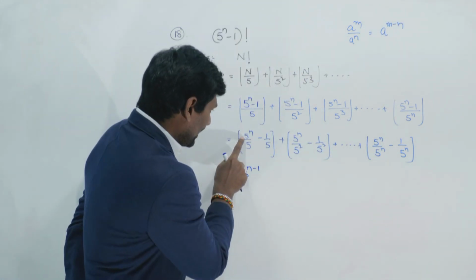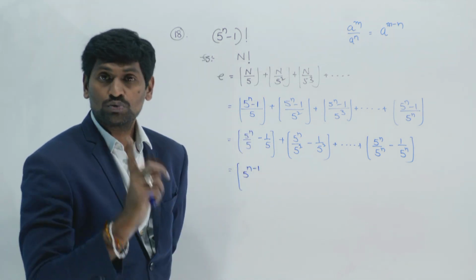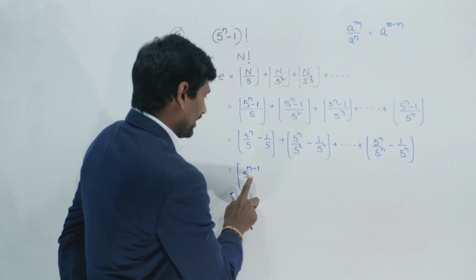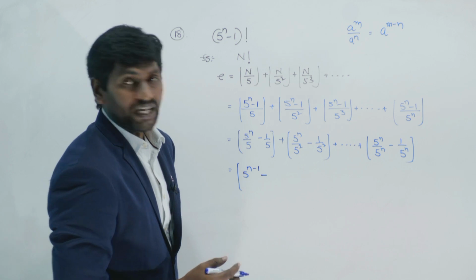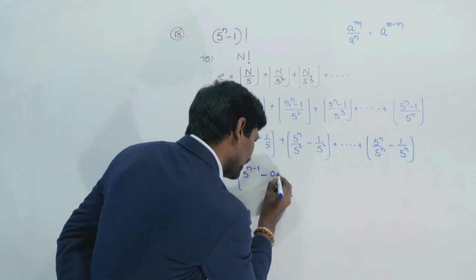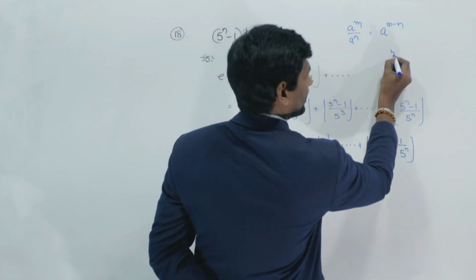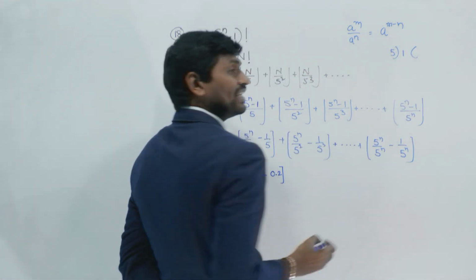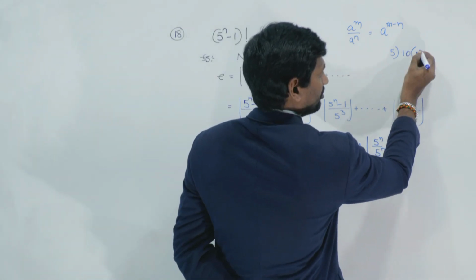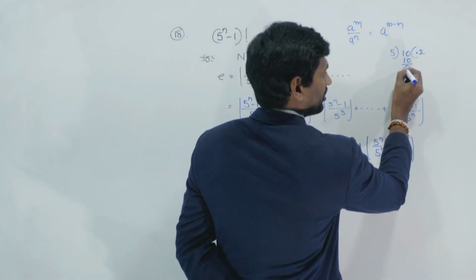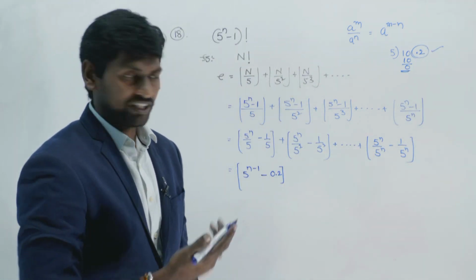So it is 5 power n minus 1, minus 1 by 5, and 1 by 5 is nothing but 0.2. Let us check: 1 is smaller than 5, so take 0.10, 5 twos are 10. So the 1 by 5 value is 0.2.